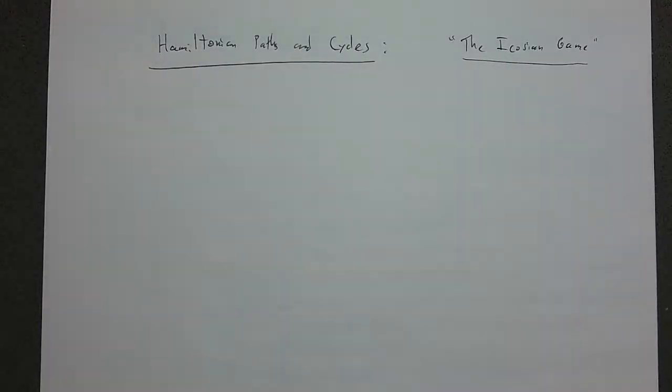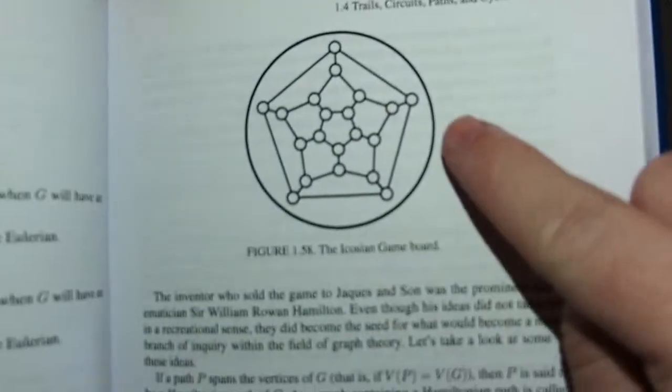So what was the point of the Icosian game? There's 20 pegs, numbered 1 through 20, and a game board with holes. Players were required to place the pegs in the holes in such a way that every pair of consecutive integers, along with the pair 1 and 20, were directly connected by one of the lines on the board. So it was connecting these peg holes.